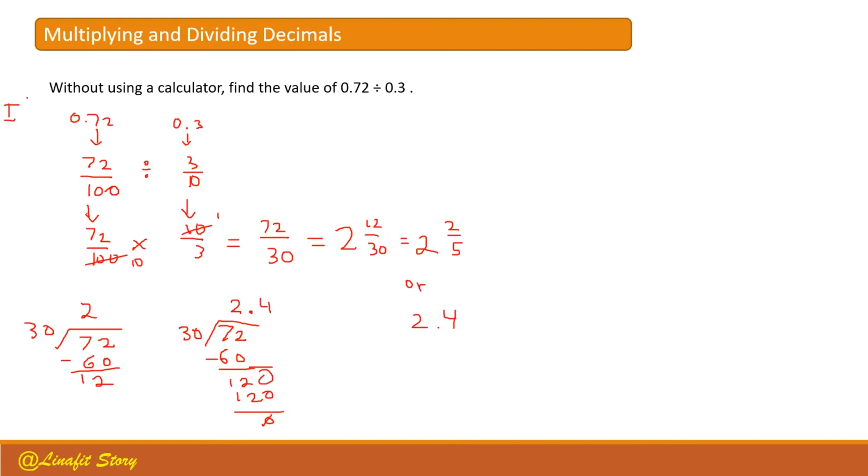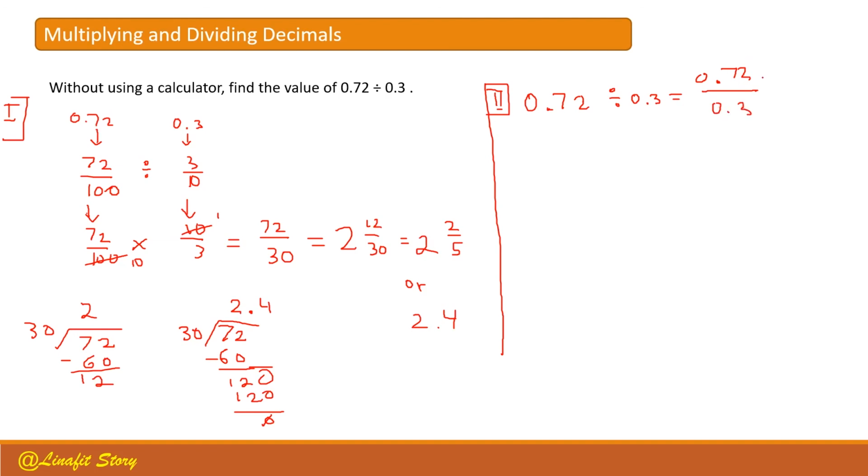Then how about the second? The other way is this one. 0.72 divided by 0.3. You may convert it to a fraction. So 0.72 out of 0.3.